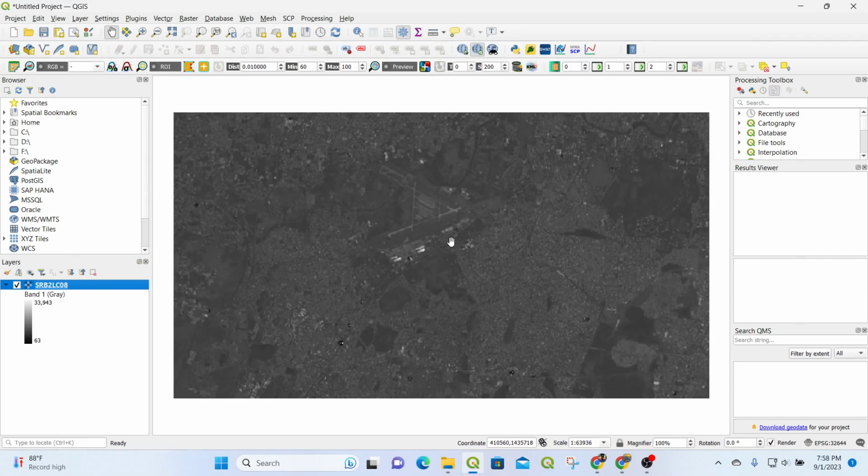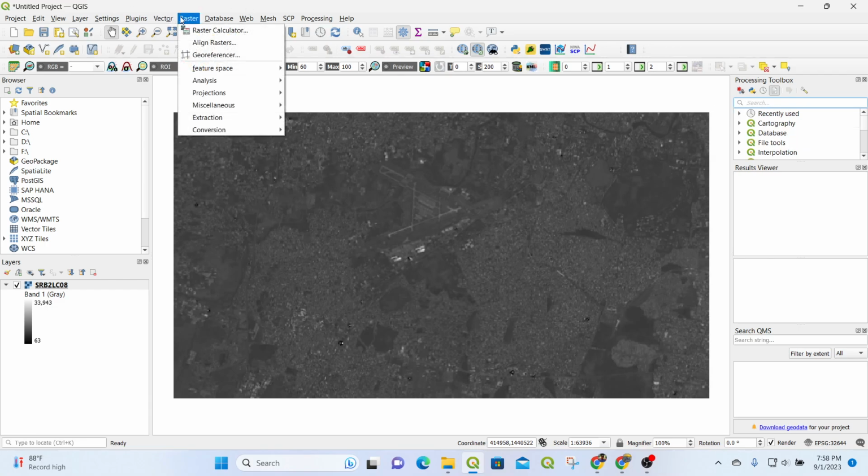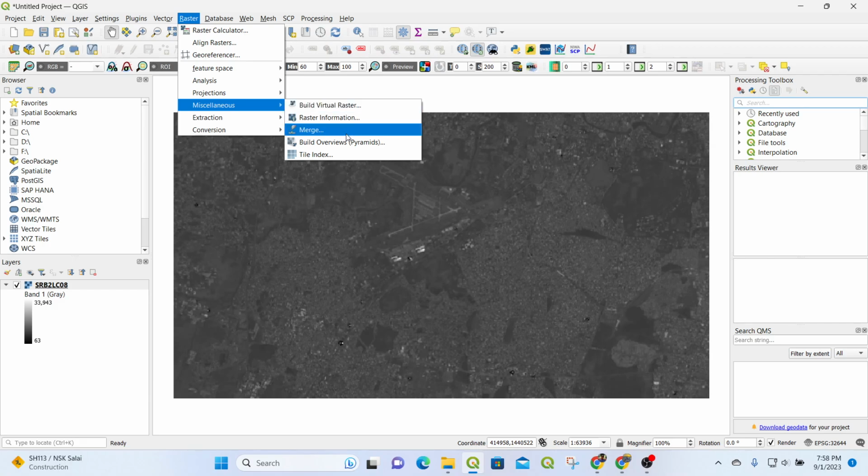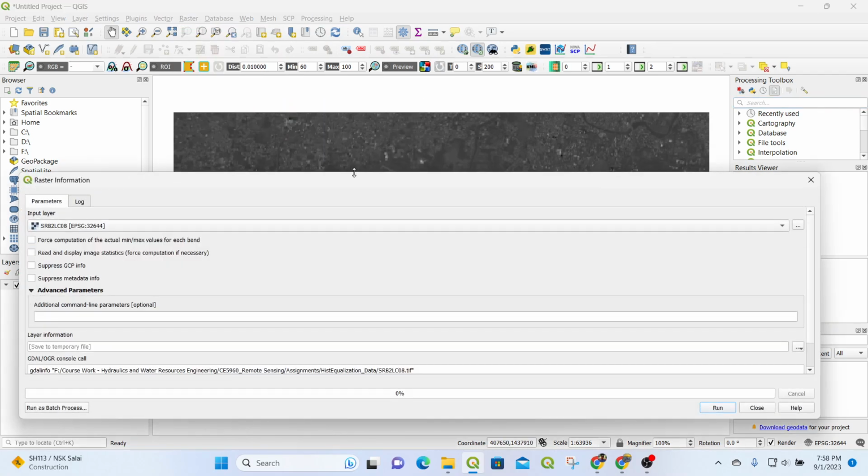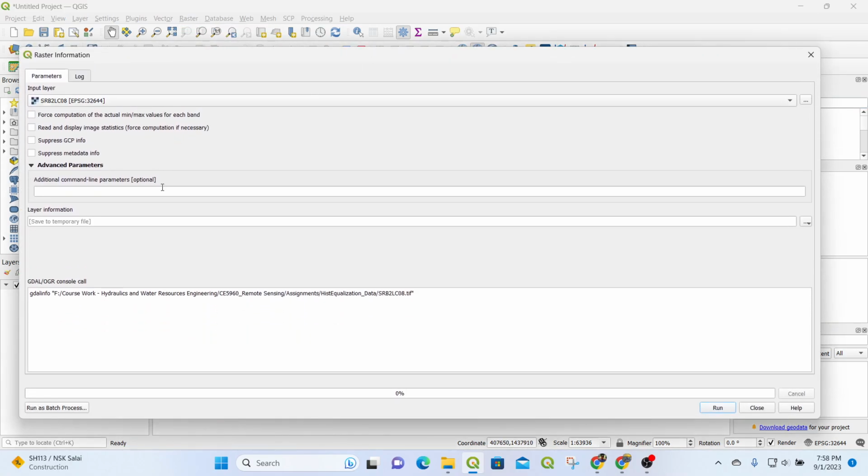So this is our surface reflectance band 2 data. Now first we need to get our histogram. So for that, go to raster, miscellaneous, raster information. So first we need to get the histogram.